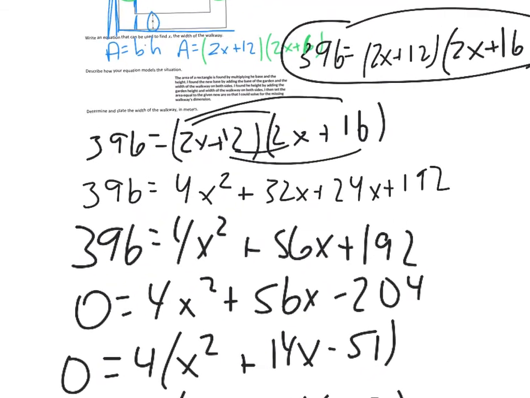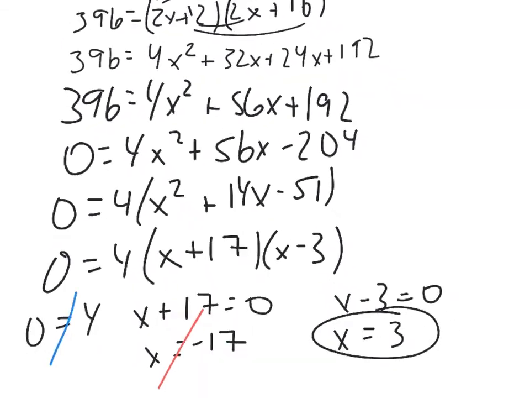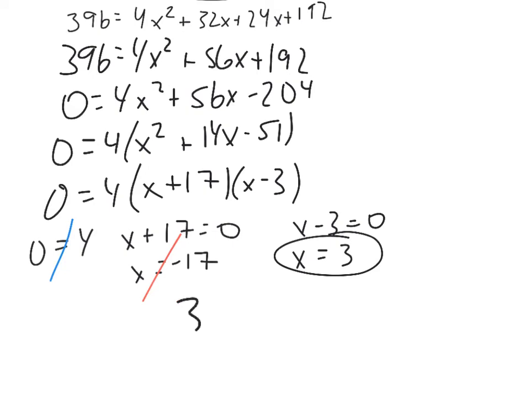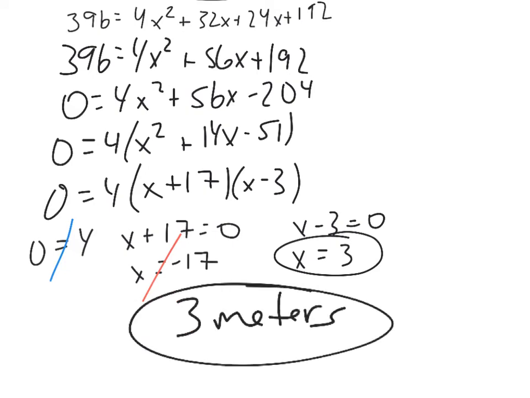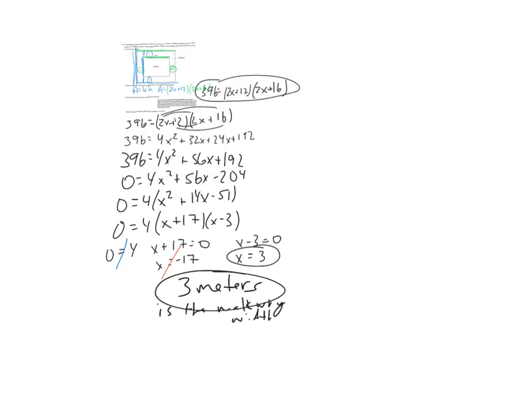So we're looking to determine and state the width of the walkway in meters. 3 meters. That's the width of the walkway. So we could put, the walkway width is 3 meters. And we're finished. That is a great Regents level problem.